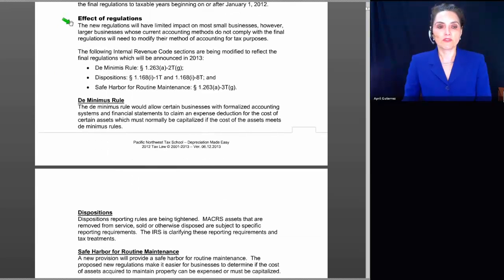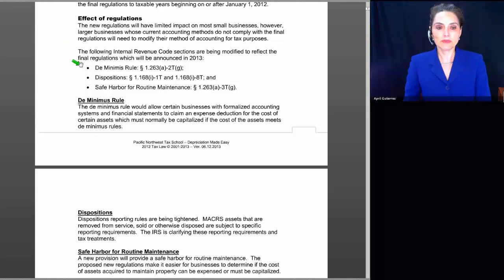Now, what is the effect of the regulations? The new regulations will have limited impact on most small businesses. However, larger businesses whose current accounting methods do not comply with the final regulations will need to modify their method of accounting for tax purposes. The following Internal Revenue Code sections are being modified to reflect the final regulations, which will be announced in 2013.